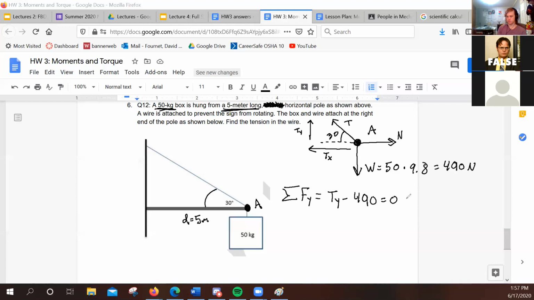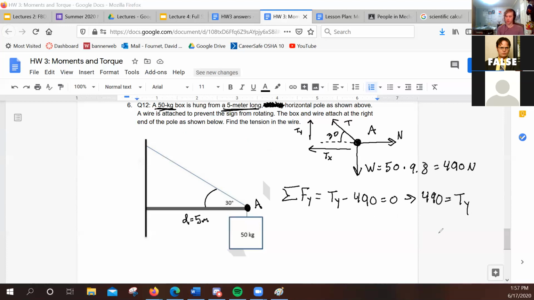I mean, they're positive tension forces in the y direction. Is that what you're meaning? Yes. It's a positive tension force in the y direction. But if Ty minus 490 equals 0, what is Ty? Oh, 490. Yep. So pretty easy. We now have our Ty.